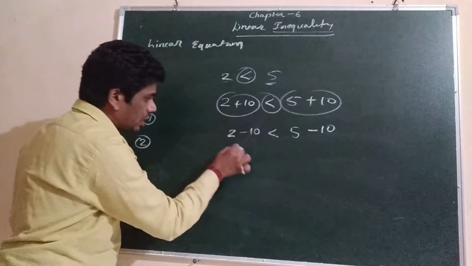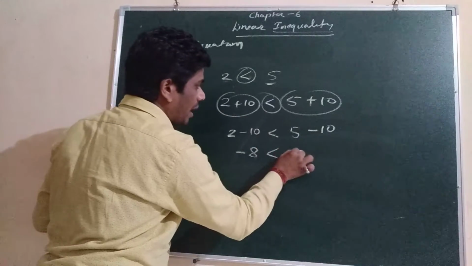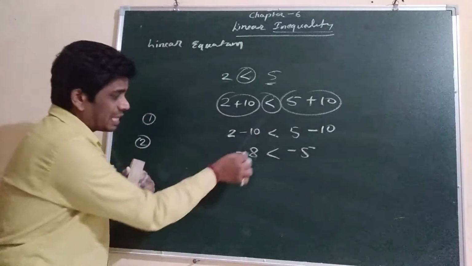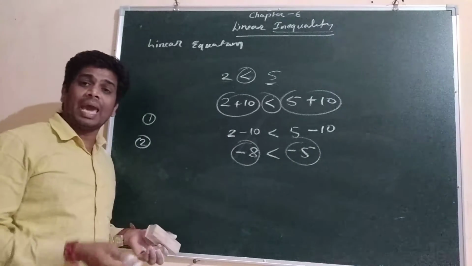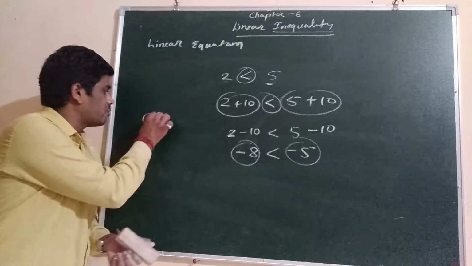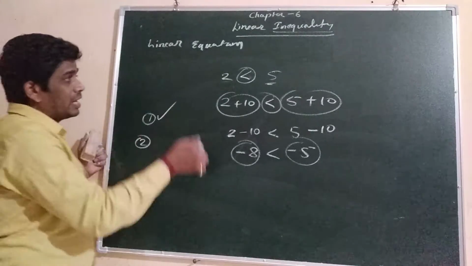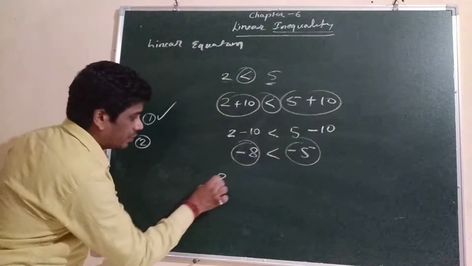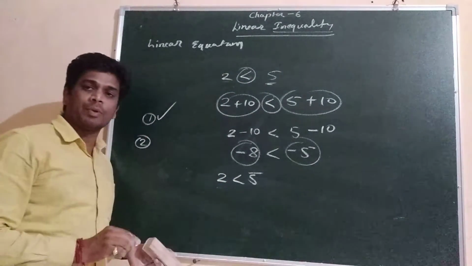Why? Because there is minus 8 and this will be minus 5. Still we can say that minus 8 is smaller than minus 5. So anything we can add or subtract, that is the first rule. Now with the same example, 2 and 5, we will take some more cases.